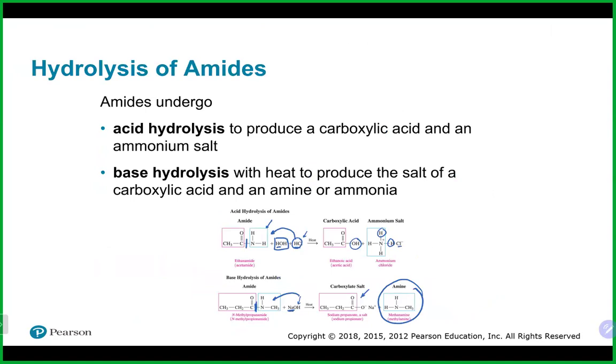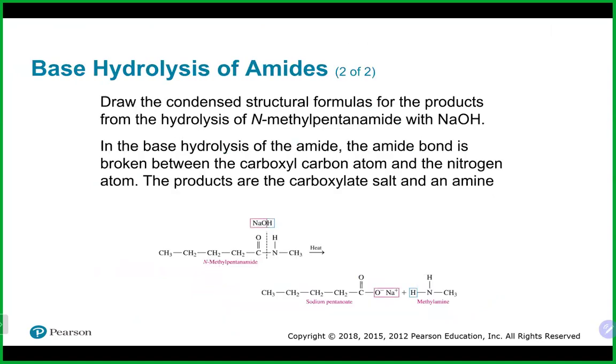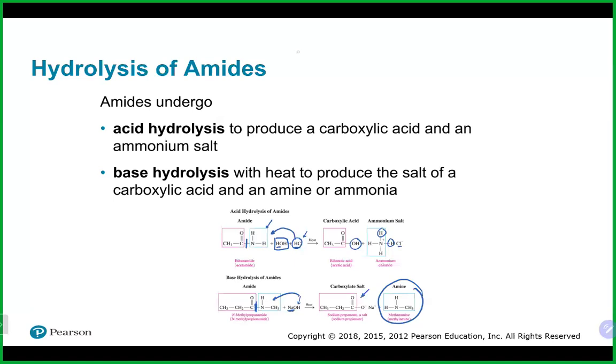So if we had this one here, we'll do that one. Let's just say we have this one here and we wanted to do the acid hydrolysis. So we'll add a little bit of water, and we'll add some HCl and a little bit of heat. And this is going to be the acid hydrolysis. So once again, when we do the acid one, or even the base one, it is going to be broken right there. And we're going to write our two parts.